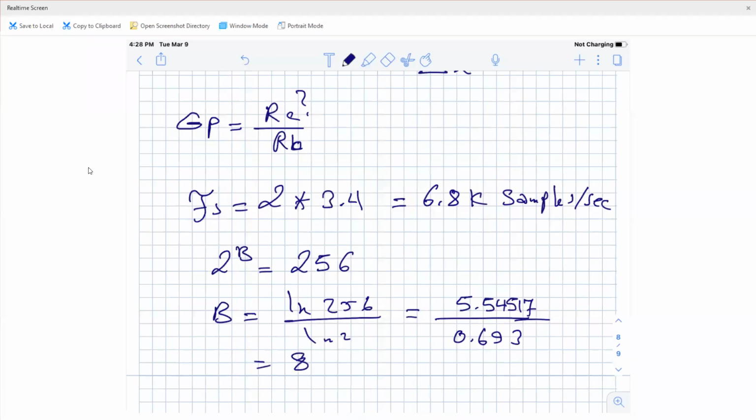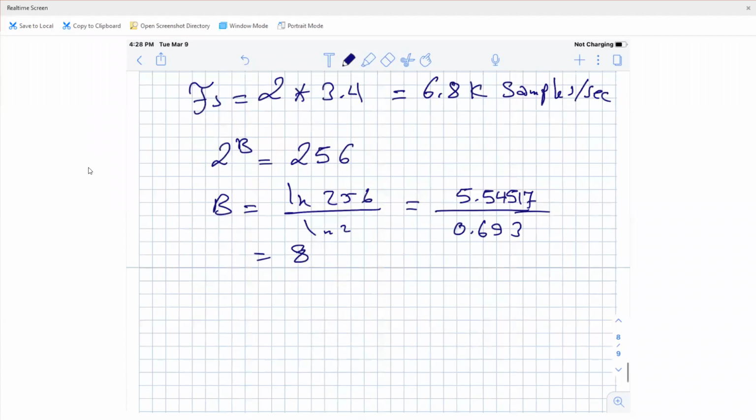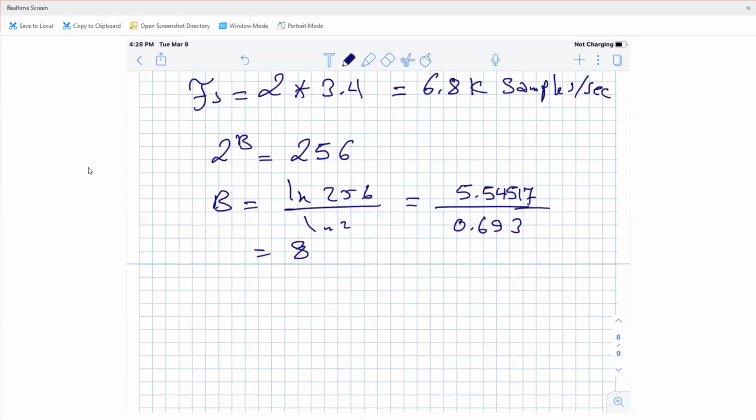Okay, now we have 8 bits. Good. Now, based on the information from digital signal processing, RB will be what?